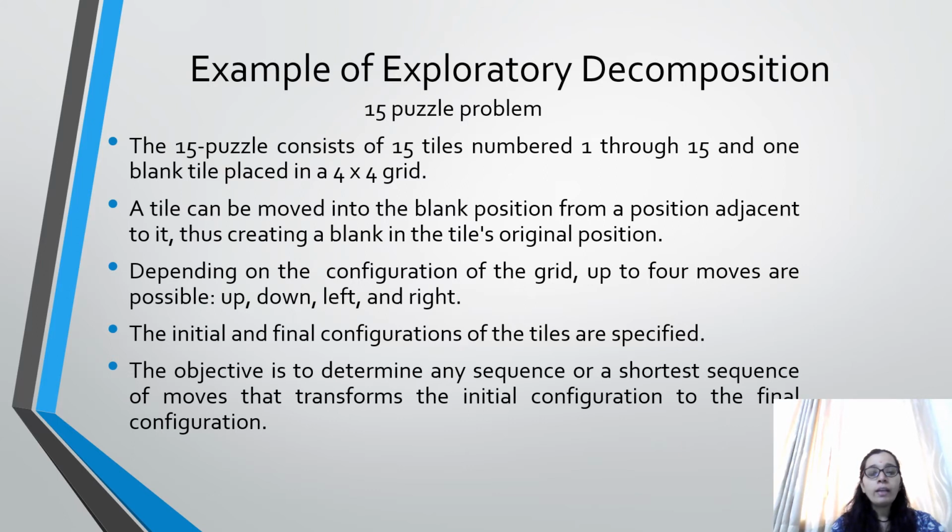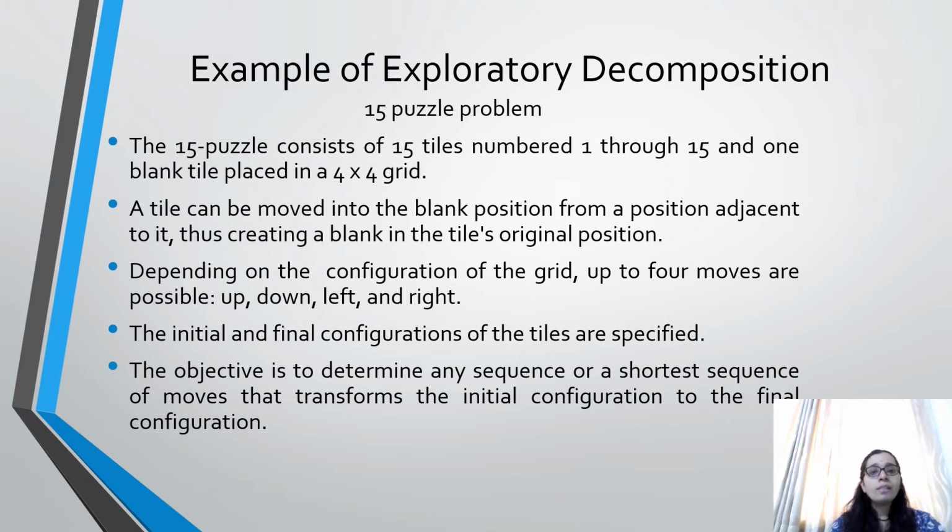The initial and the final configurations of the tiles are specified. What is the objective? The objective is to determine any sequence or a shortest sequence of moves that transforms the initial configuration into a final configuration.